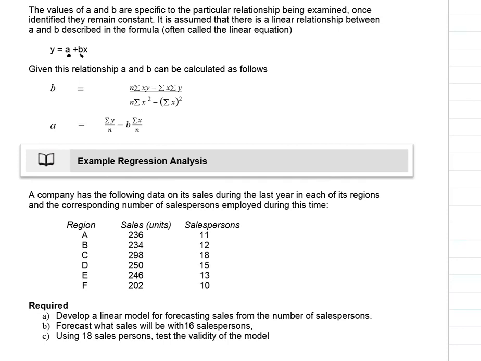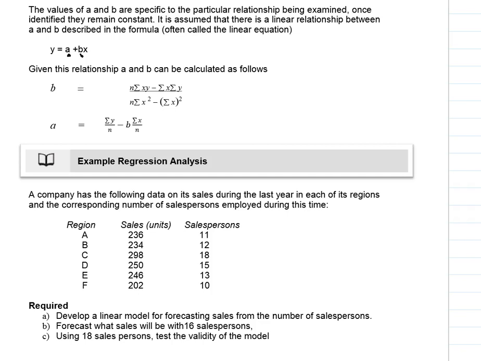Here we have some historical data. It's on its sales during the last year in each of its regions and the corresponding number of salespersons. So the question's telling us there's a relationship between the level of sales in units and salespersons.